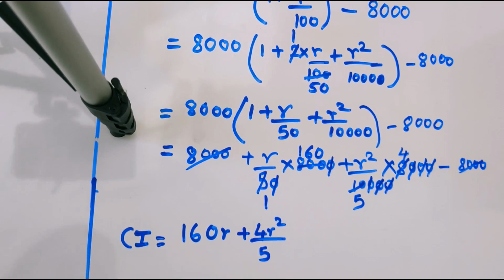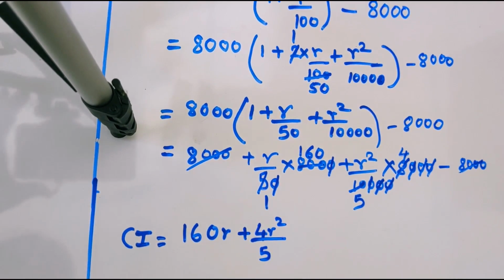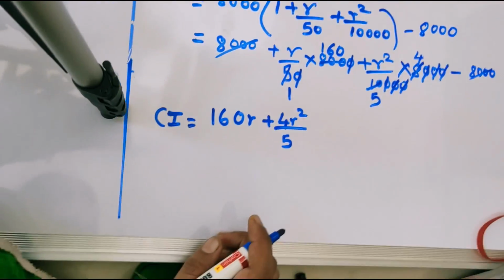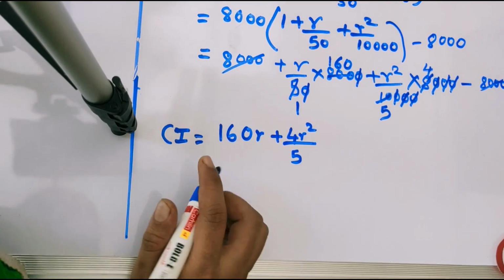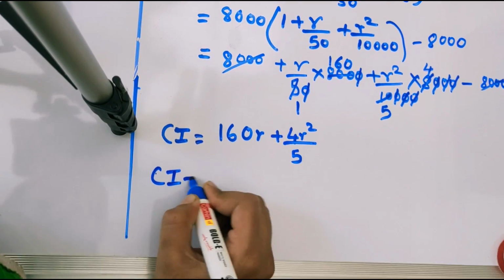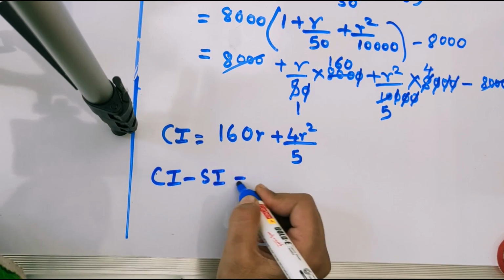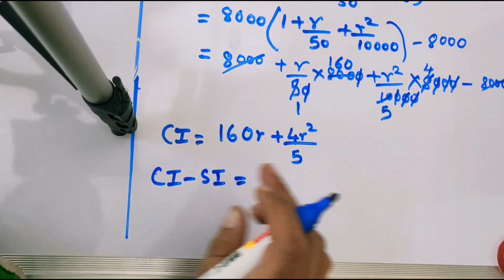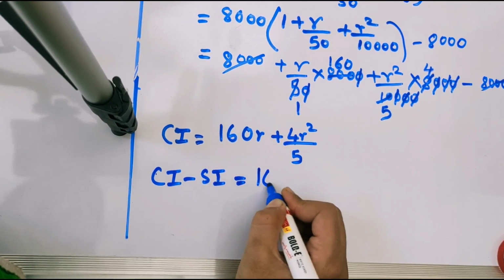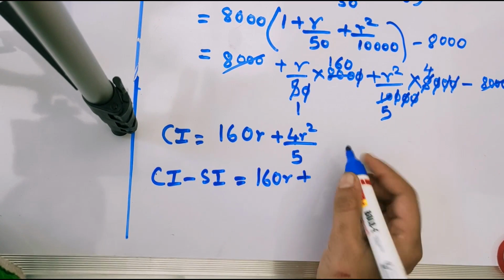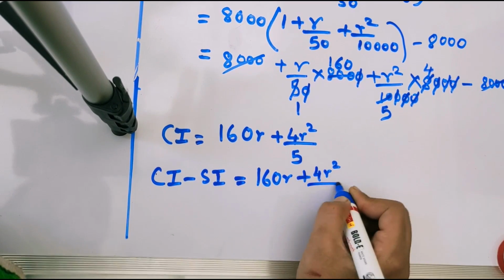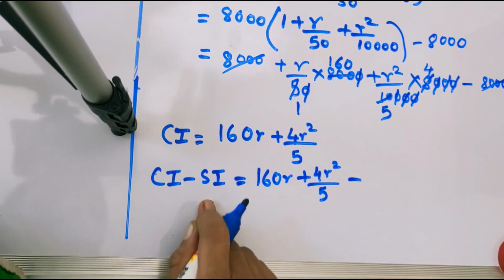Now let's go with the next step. What is it? Compound interest minus simple interest. So what will it be? Our compound interest is 160r plus 4r square upon 5, minus our simple interest.